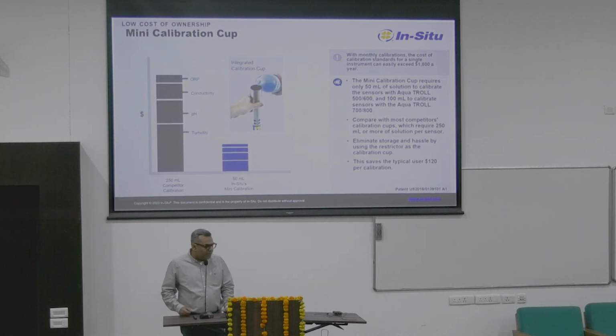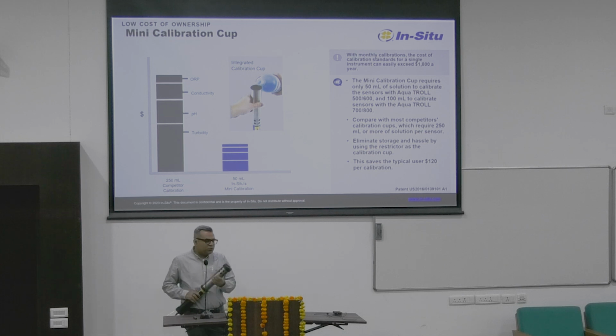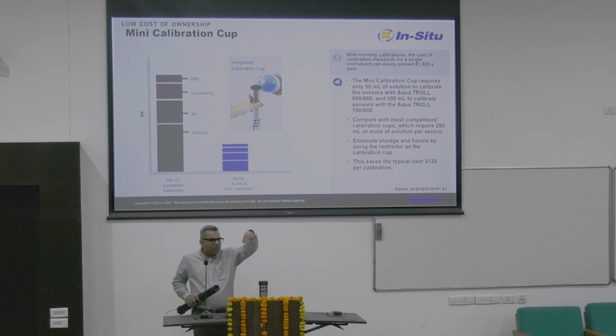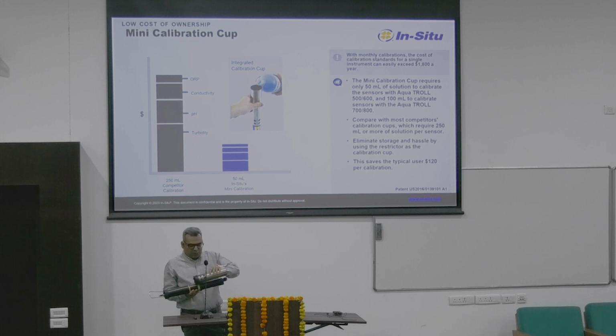I was talking about the mini calibration cup. So this is a mini calibration cup. Generally, if you see the other multi-parameter sondes, you will find that those sondes have spike type sensors. So when you are putting these sensors in the calibration cup, you have to put it like this. The sensor has to be completely submerged into the calibration solutions, whereas we are using this mini calibration cup, where we are just twisting the restrictor and making it a calibration cup.